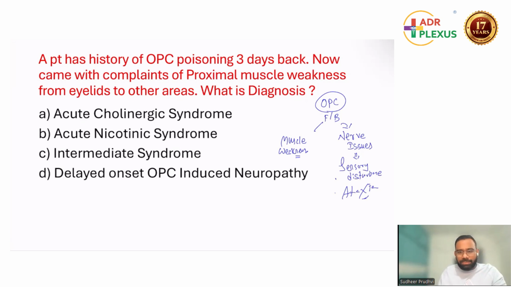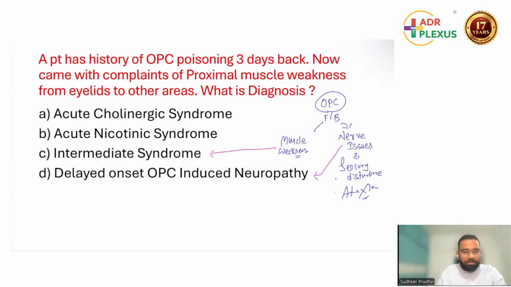If it is having muscle weakness, then we call it intermediate syndrome. If it is having any nerve issues, then we call it delayed onset neuropathy.